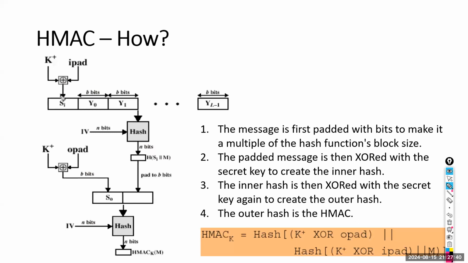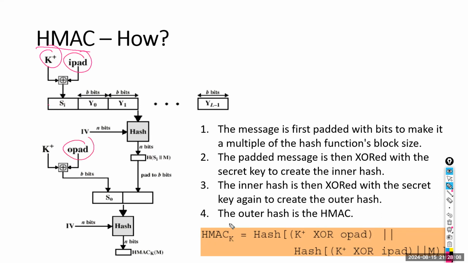Right. So this is your data that you want to generate HMAC for. And you can see that we have broken it into fixed size blocks. Then there's K, the key. Then there are additional strings called ipad and opad.